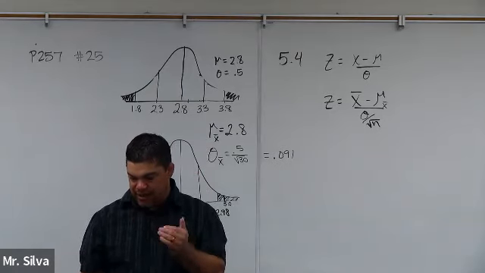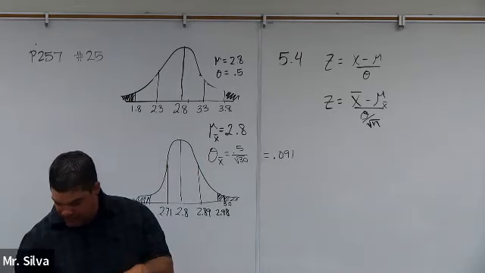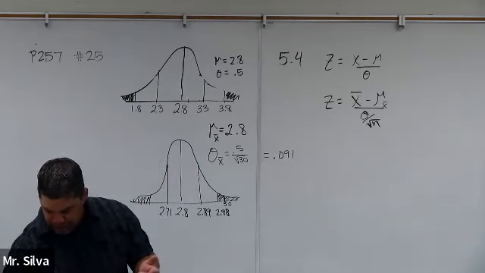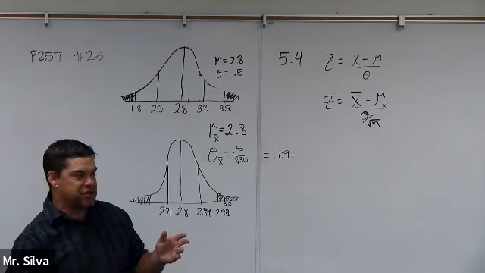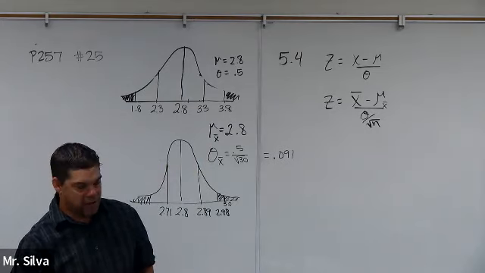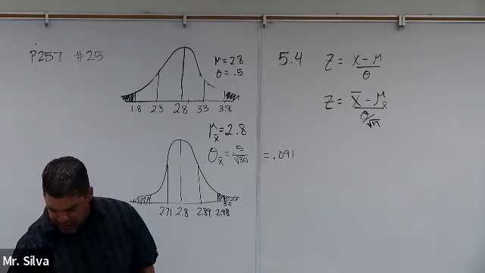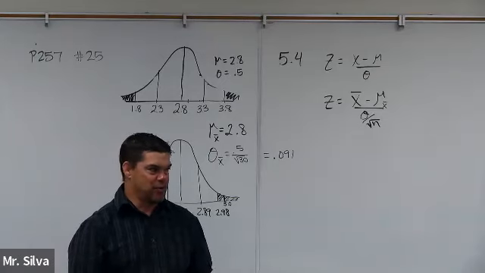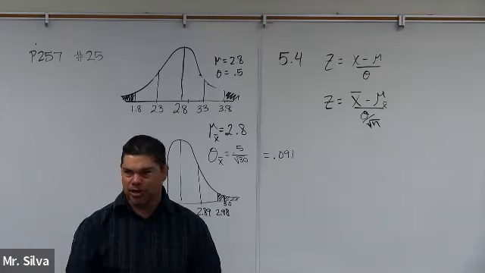5.4, I don't like the problem because it says you select 50 drivers and look at their travel time to work. What's the probability of spending between 24.7 and 25.5 minutes to get to work? To me, that's just a silly question. Why would you want to know what percent of people are taking that much time to get to work?